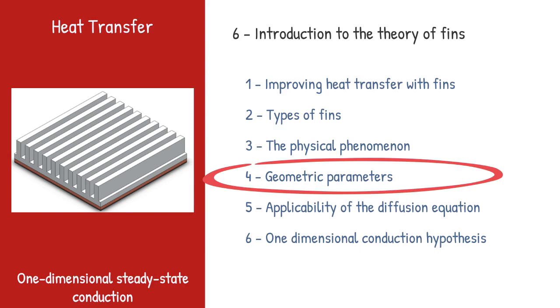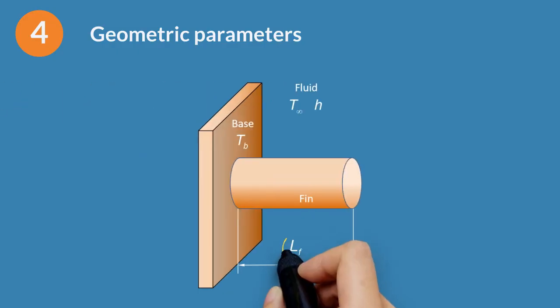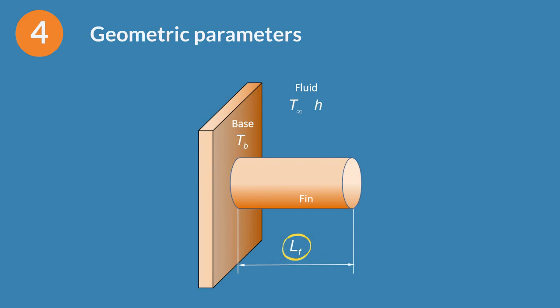What are the geometrical parameters that define a fin? LF is the fin length, that is, the distance from the base to the tip. PF is the fin perimeter or wetted perimeter. SF is the cross-sectional area. It is the section through which the heat is transferred by conduction from the base of the fin to the tip.